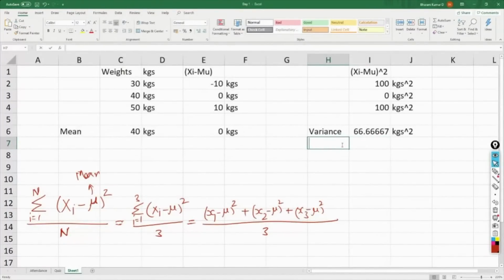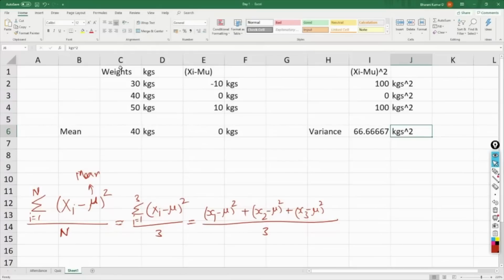And then you have standard deviation. Why standard deviation? Let me hold on to that thought. If people ask you what is the variation of the weights of your employees, if you say 66 kg square, oh my God, kg square? Are you mad?